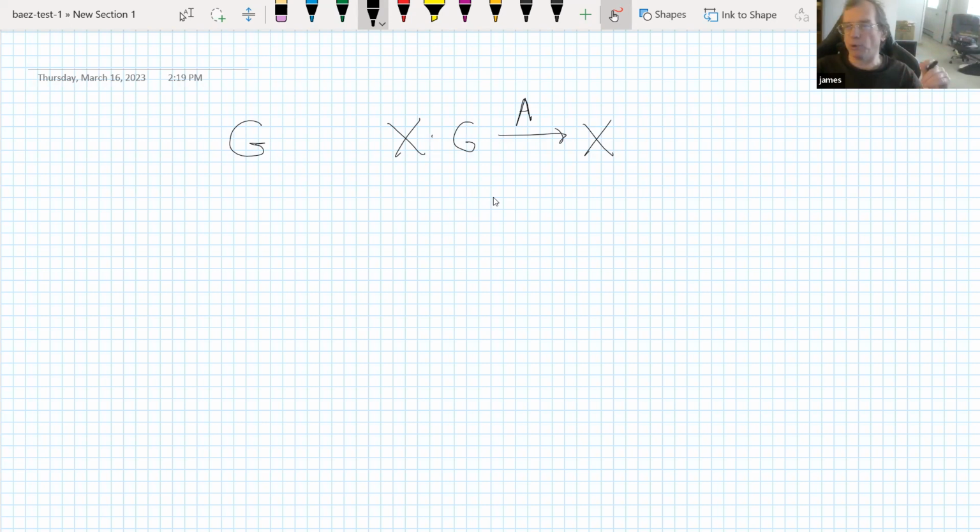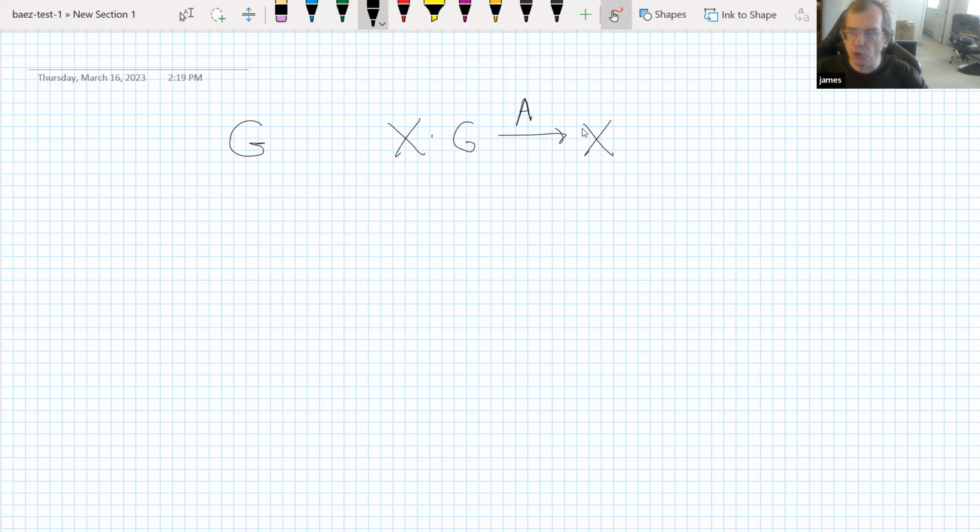Let's call them points and displacements, though I'm not sure this is right. The way the action works, you start with a point, you apply a displacement, and it displaces it to a new point, possibly a different point. So it's going from the points, Cartesian product the displacements, to the points.